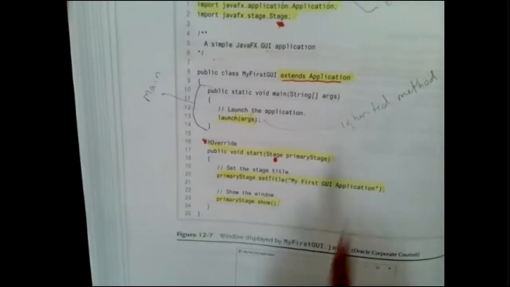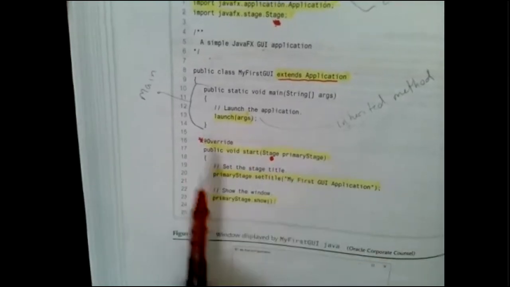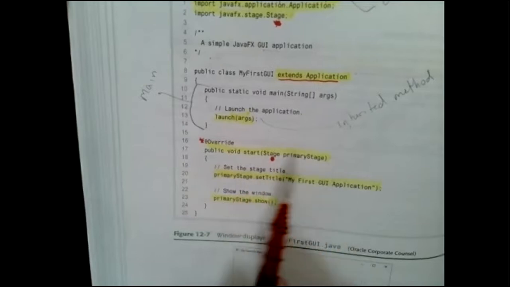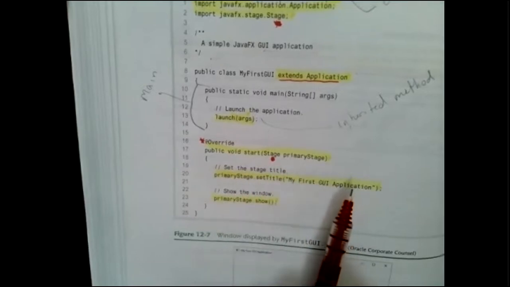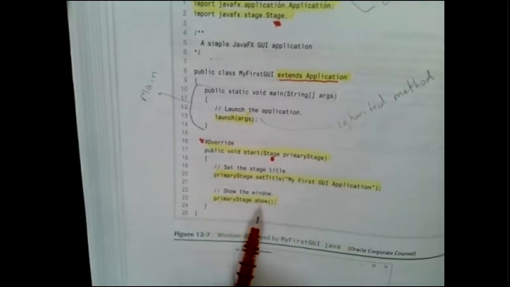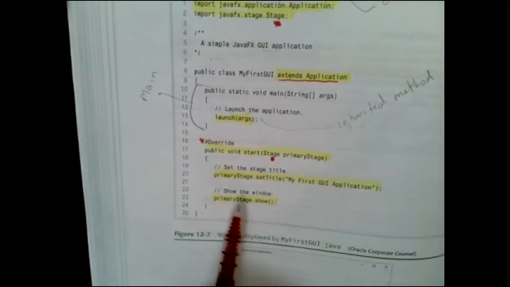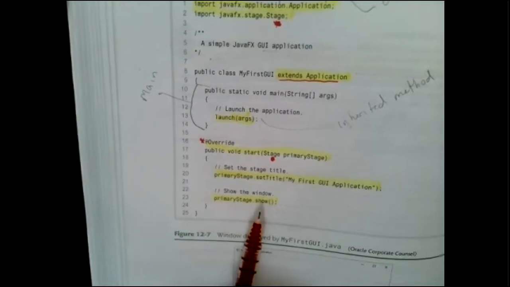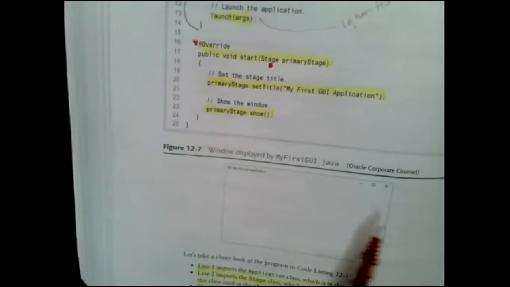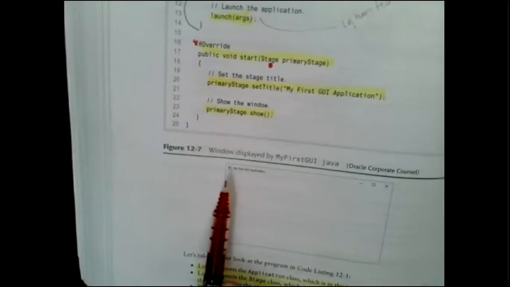So there's a single thing in the signature here. I come in and I say, okay, I'm going to work with primaryStage. I'm going to set the title, boom. Once I do that, I call a method on this object. The object is called primaryStage. I'm going to call the method show, and boom, that's what we get. I get that with the title that I put on it, my first GUI application.